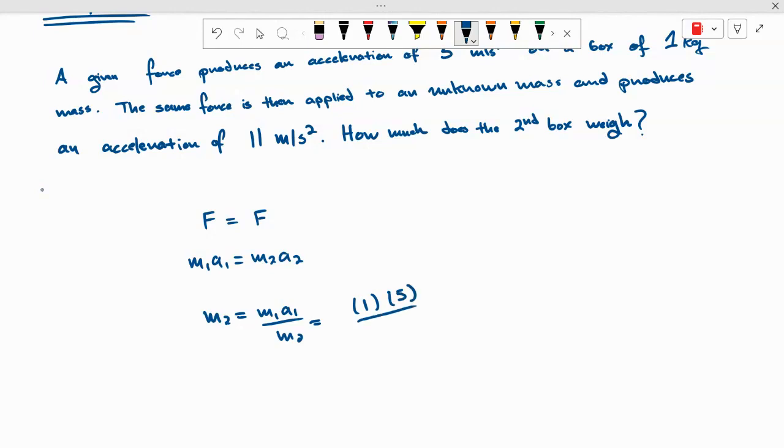It experienced an acceleration of 5. M2 was, A2 over an acceleration of 11, which of course, as someone said, is 5/11, which is equal to 0.45 kilograms.